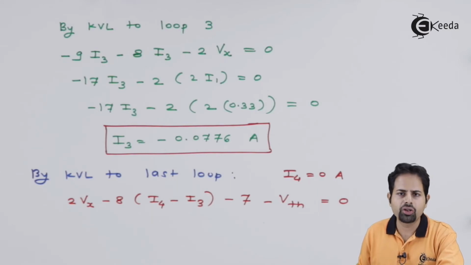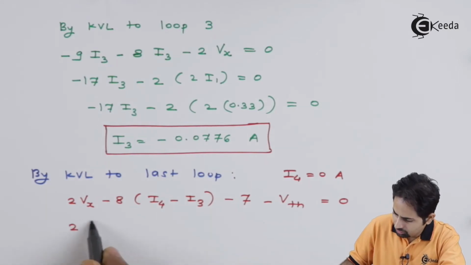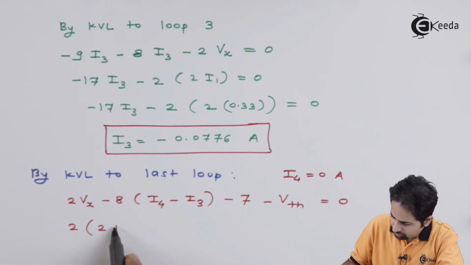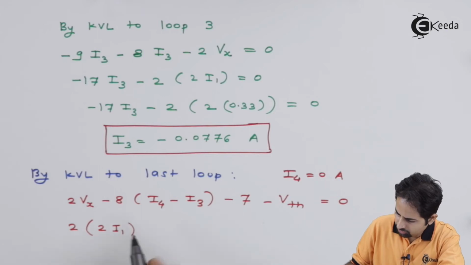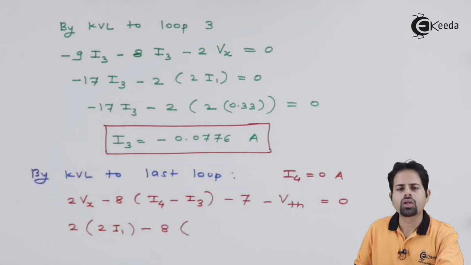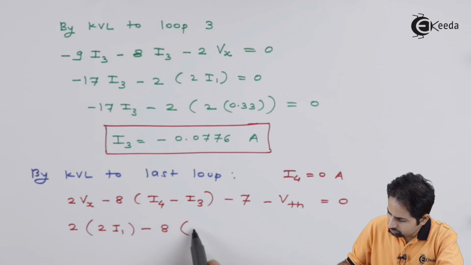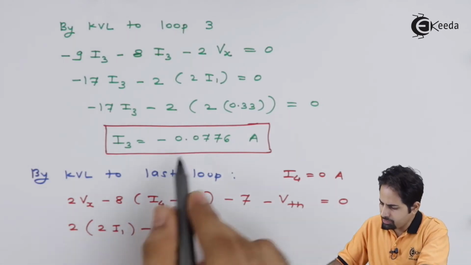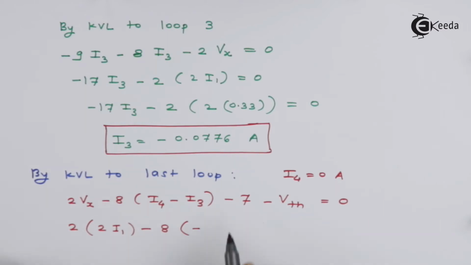I will now substitute the value of Vx. Vx is 2 times I1. I4 is 0, so it's going to be 0 minus I3. And the I3 value I know, it is minus 0.0776.